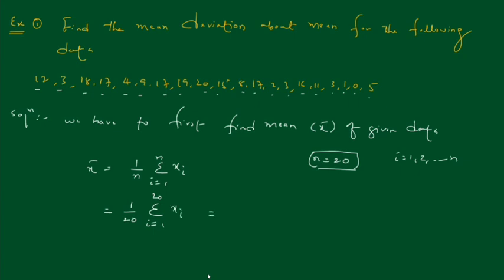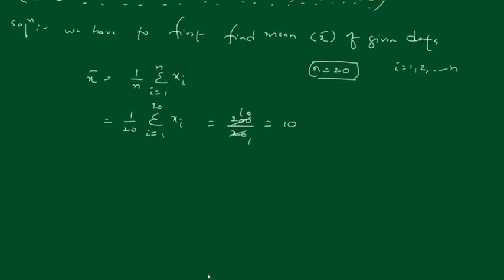Xi means the sum of all these terms. The sum of all these terms is nothing but 200 by 20, which is 10. The value is x bar, that is 10, which is our first step, right?